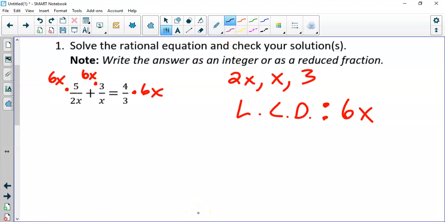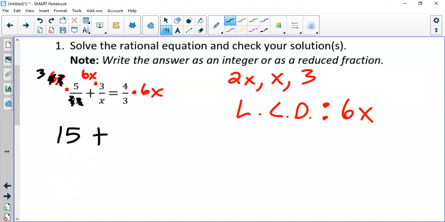What's going to happen between the 6x and the 2x? Nope. What's going to happen between your x's? Those x's will cancel. But yes, 6 divided by 2 gives us 3. So I've got 3 times 5. 15.